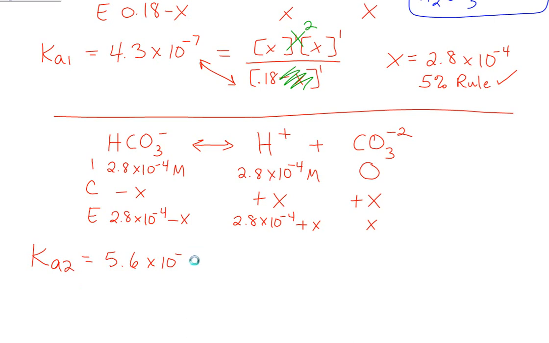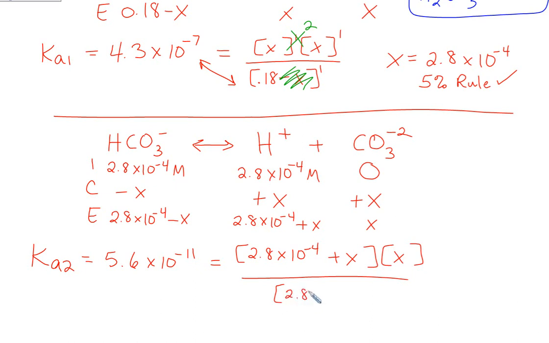And again, I will set up our ice table. That equals products: 2.8 times 10 to the negative 4th plus X times X. They're both to the first. You don't have to write ones in. And on the bottom, I have 2.8 times 10 to the negative 4th minus X, all to the first.